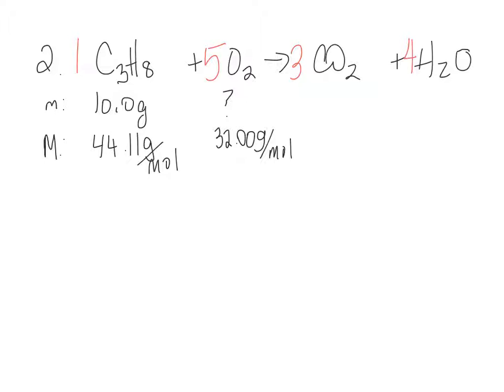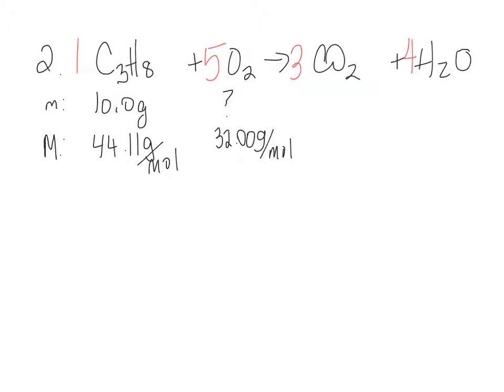Okay, you're going to use both of these molar masses. It doesn't matter if you're using the formulas or dimensional analysis. We're also going to need the mole ratio. You're always going to get that.